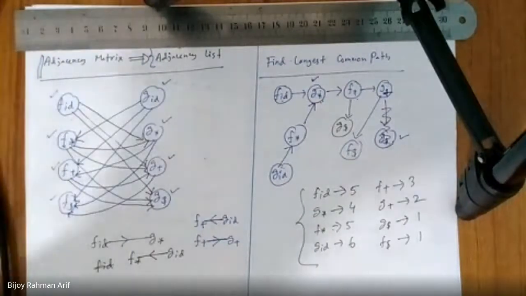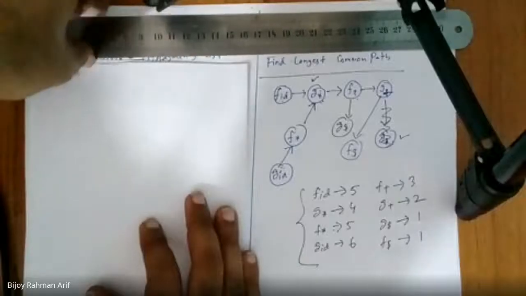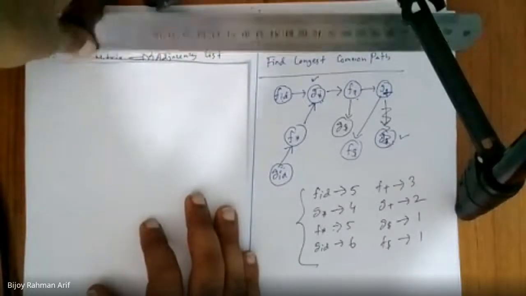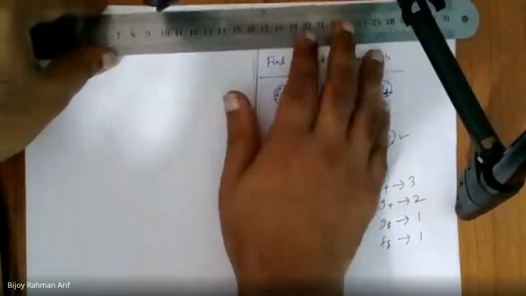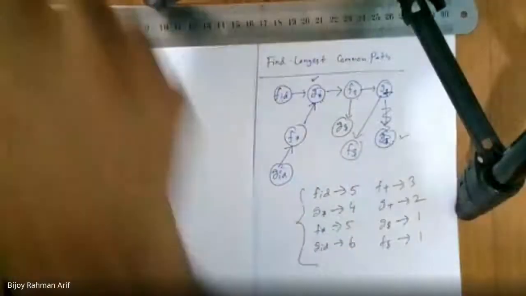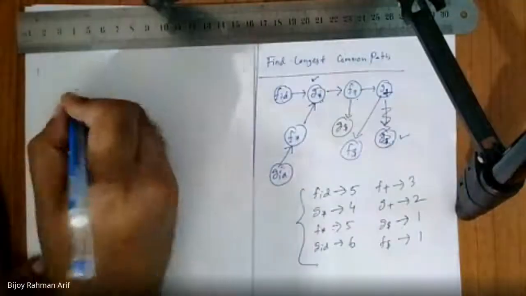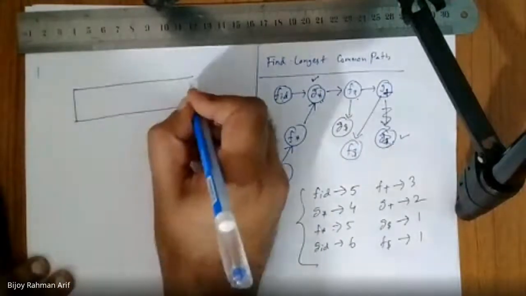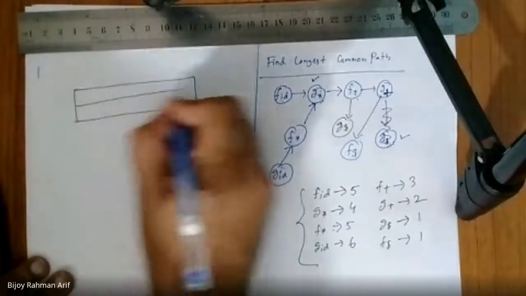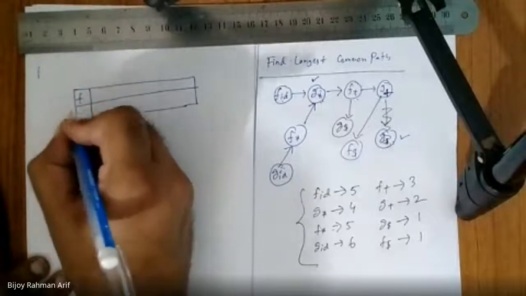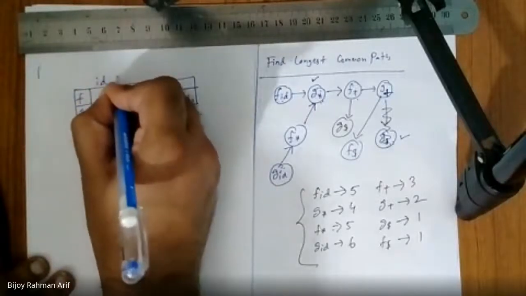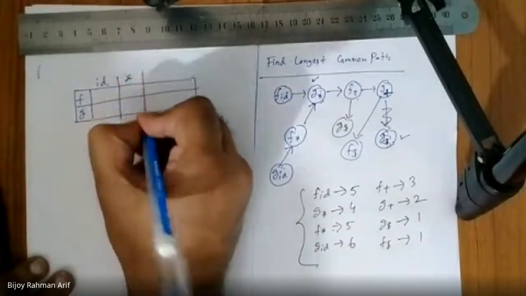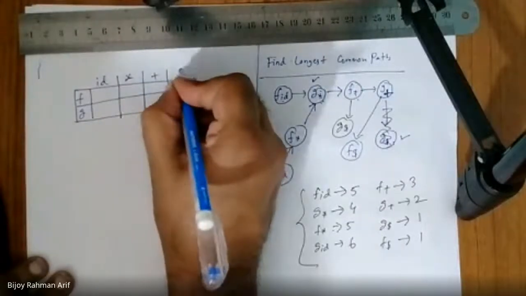Now, is it all right? Yes, sir. Let's finish it. So, if we convert this to a table, what do we get? We get this. F, G, ID, star, plus, dollar.